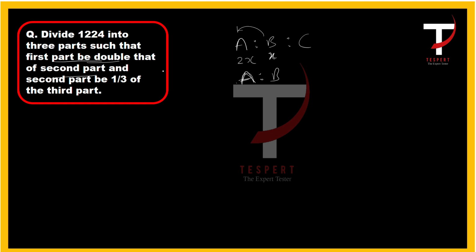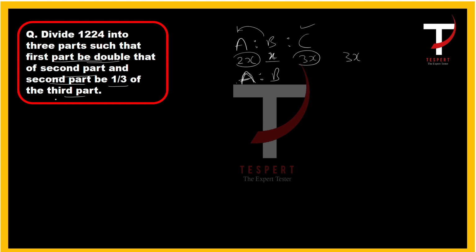What about the third part? The second part should be 1/3 of the third part, right? So if C is 3x, then B must be x. So if C is 3x, then B is 1/3 of C, and A is double that of B, right?